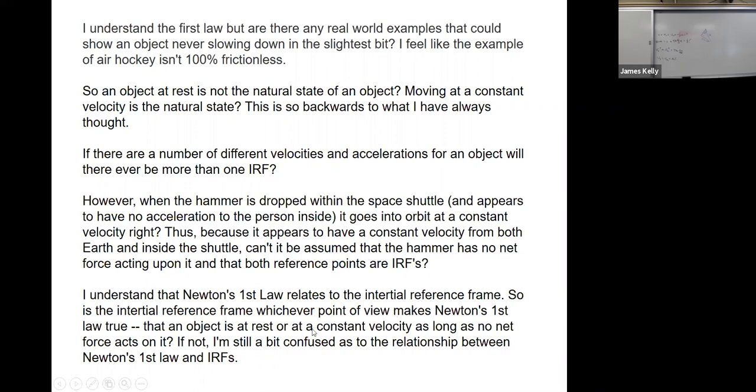I'm forgetting exactly why I put this one on here, but I think it's asking about the fact that there is more than one inertial reference frame that we can always observe any set of events from and will satisfy the conditions of Newton's first law. So there's always a lot of different ways we can view it, and things will have different velocities. That's okay. Newton says it'll all still work out.